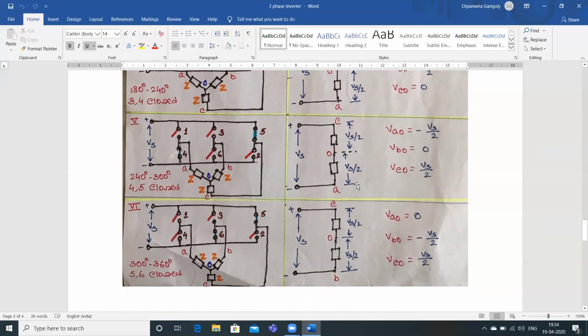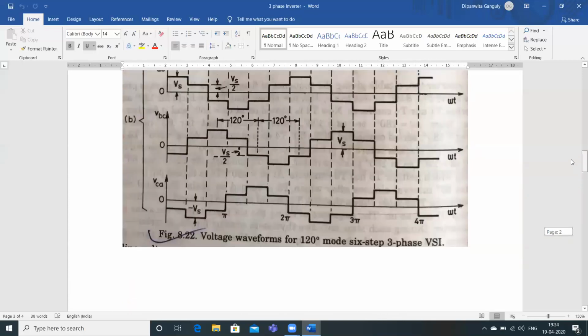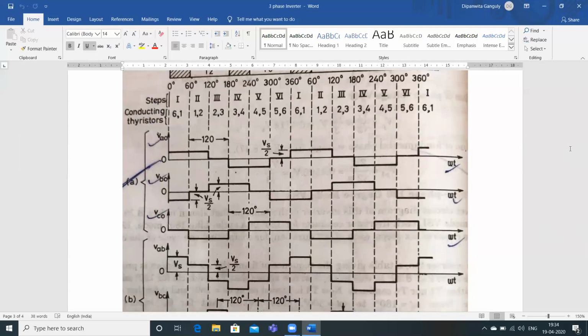VBO is equal to 0 and VCO will be equal to plus Vs by 2. Stage 5: VAO is minus Vs by 2, VCO is plus Vs by 2.